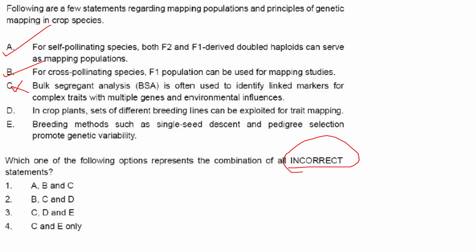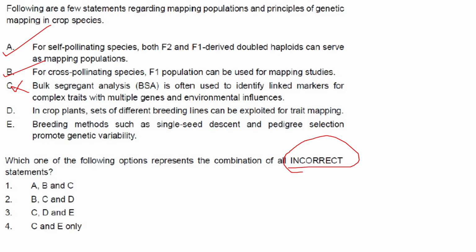Now human height, you know, is also influenced by the environment. So environmental influences will also determine the phenotype or the height of the human being. If that is the case, BSA cannot be used. It will not be used for a complex trait with multiple genes, and these genes being influenced by the environment will complicate results in bulk segregant analysis.